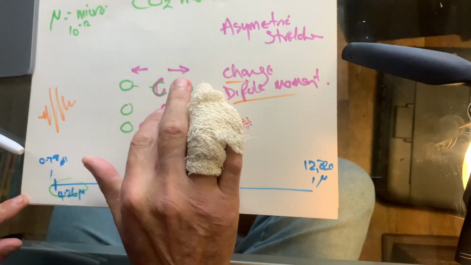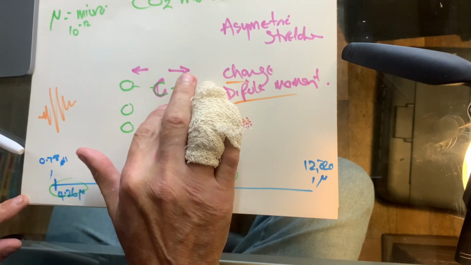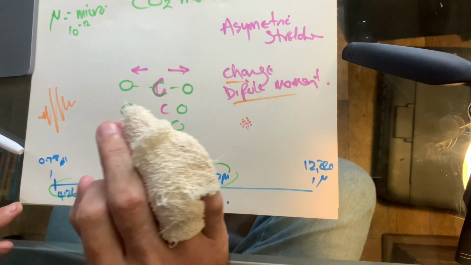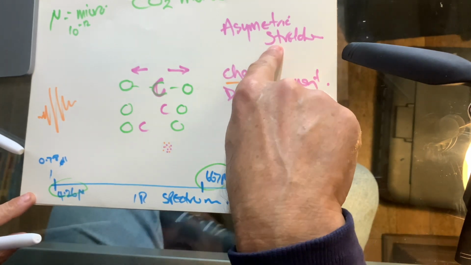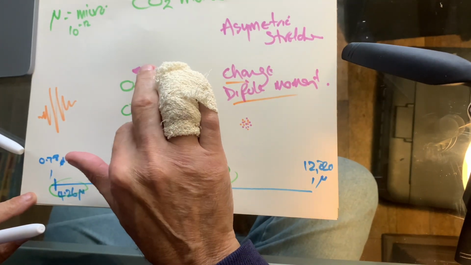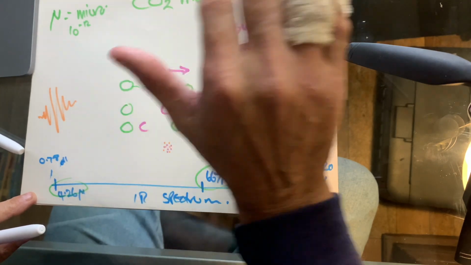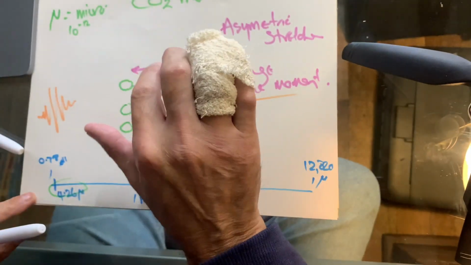What does that mean? It means the configuration of electric charge on the molecule changes. Hypothetically, CO2 molecules vibrate with symmetric stretching, asymmetric stretching, and also with bending, we'll come to that.